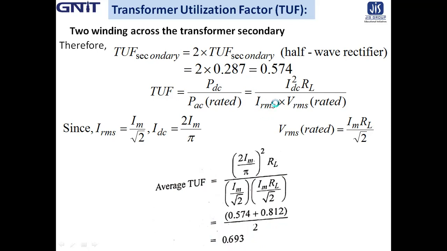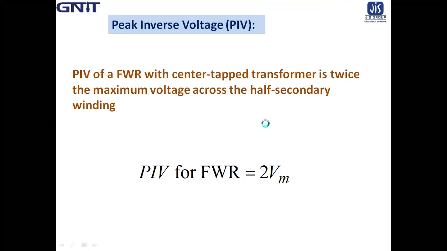Next is the calculation of peak inverse voltage, PIV. Let Vm be the maximum voltage across the half secondary winding, and we are considering the positive half cycle of the input signal. At this instant, diode D1 is conducting and diode D2 is non-conducting.